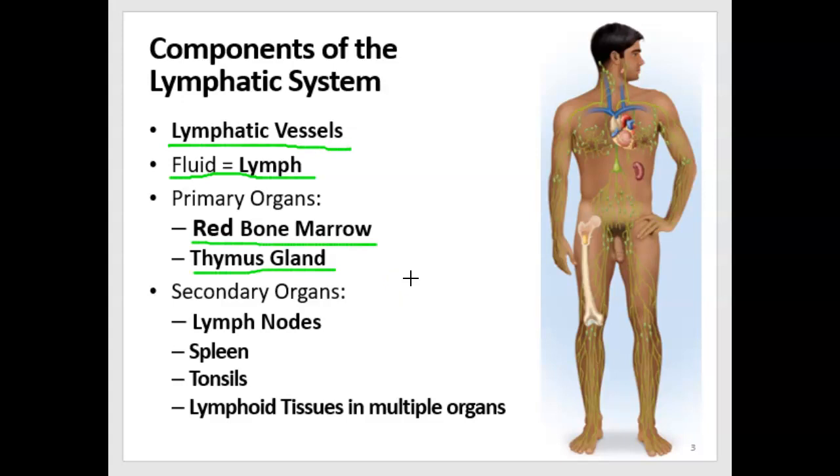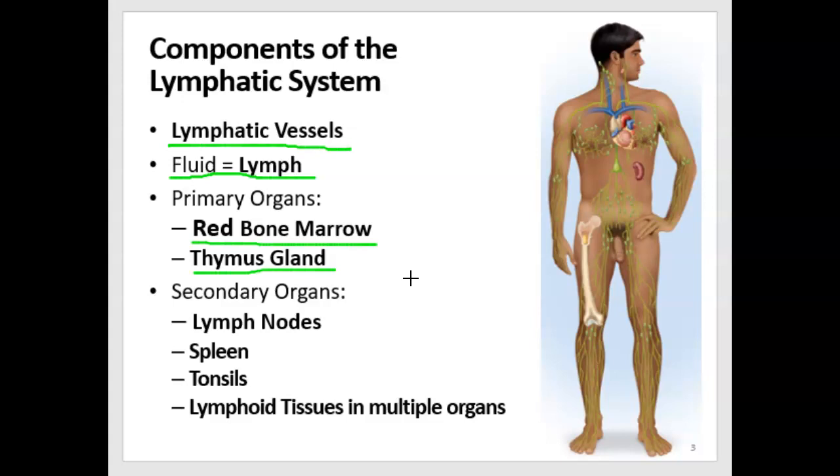The secondary organs are where mature white blood cells, including those T lymphocytes, live, where they're housed, where they reside. And this is where they will first encounter foreign antigens or pathogens.